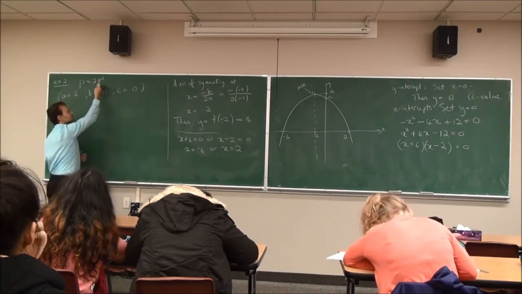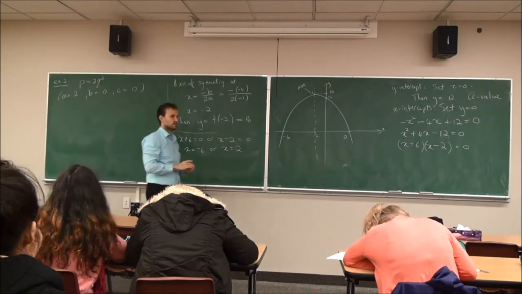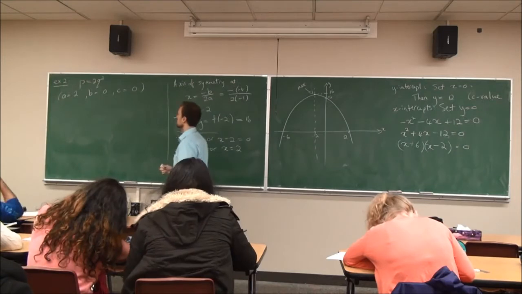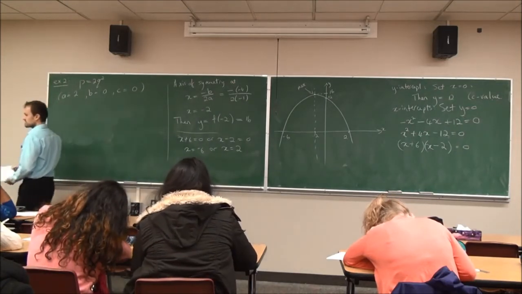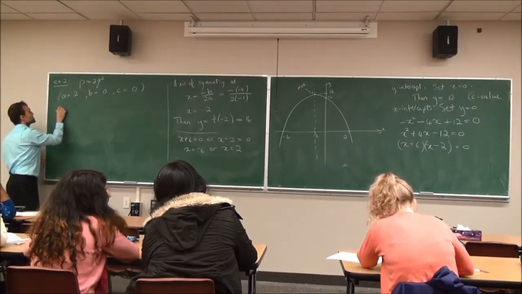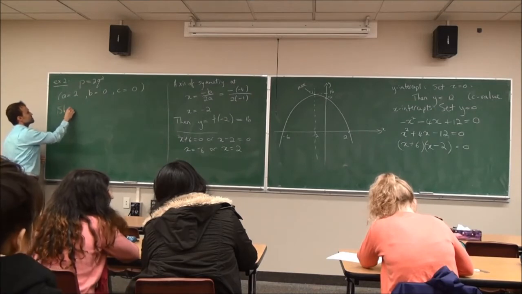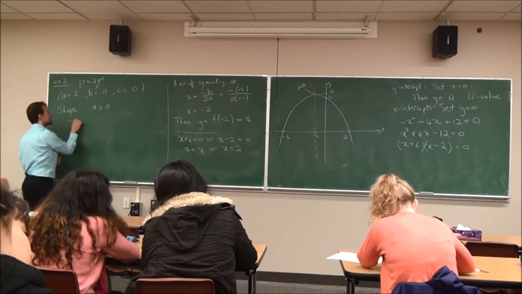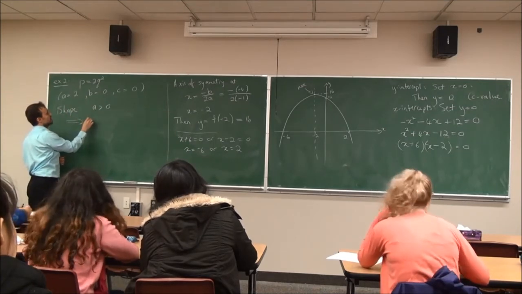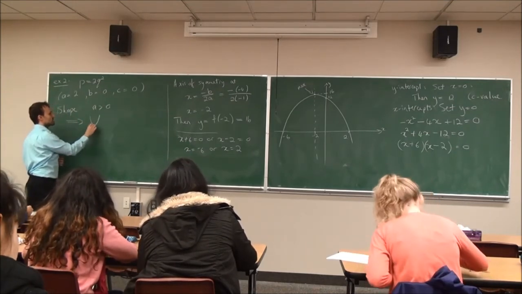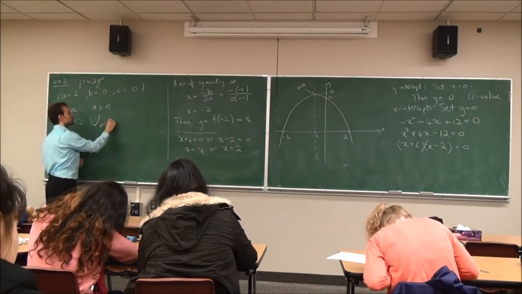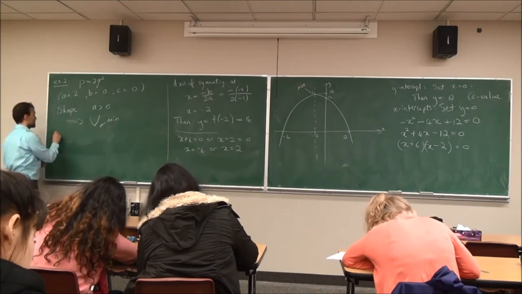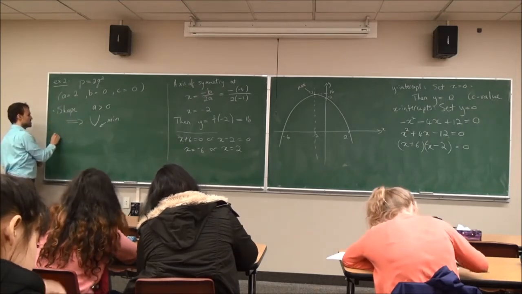So this still fits the quadratic function, even though it looks much nicer. So what is the shape? Well, a is positive, so that means that I have a parabola pointing up, so I have a minimum point. What is that minimum point? Well, I have to look at the axis of symmetry.